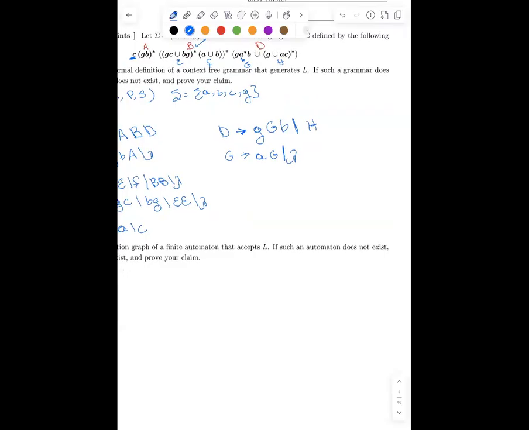Or you can write it like that. A, G, lambda. It's the same thing. These two are the same. And for the H, I will get G or A C, but I can get more, or I can get 0.